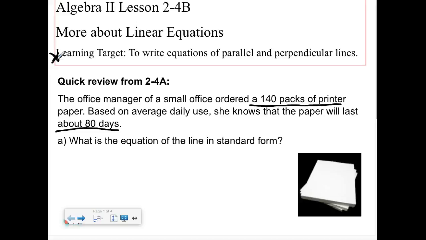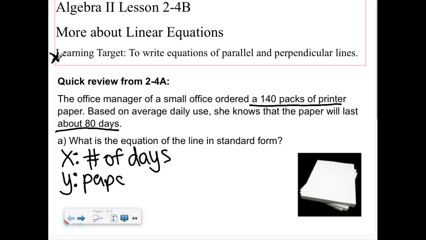So we're going to set up this problem, and we're kind of tracking to see how much paper is lasting this company. For my problem, I'm going to say x represents the number of days. And y is going to represent the amount of paper.